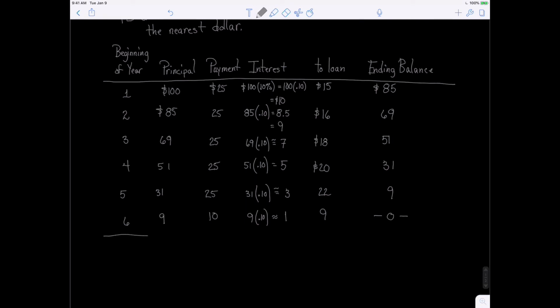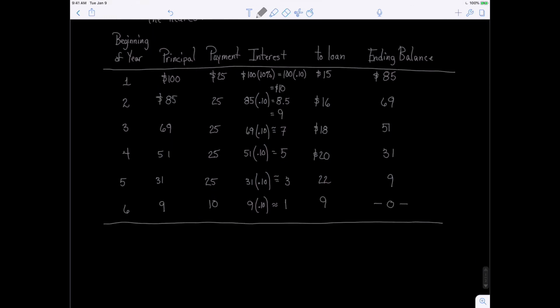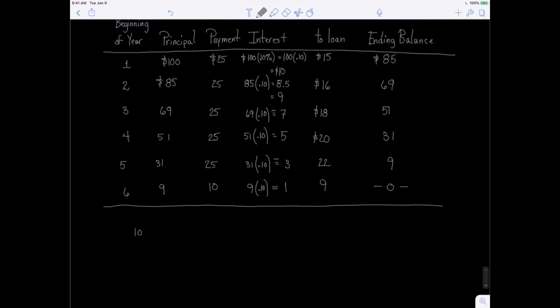Now, this isn't a class on finance, but there is something interesting that you should be aware of. Notice that if you thought of your loan as $100 and you paid $25 a year, that would say you should have it paid off in 4 years. But here is the power of interest.